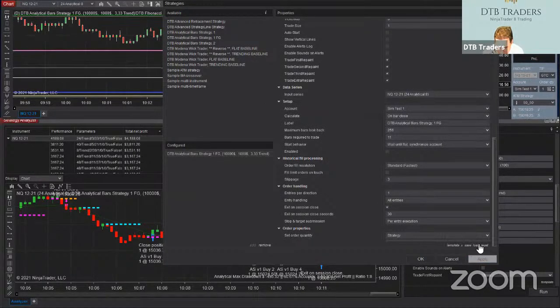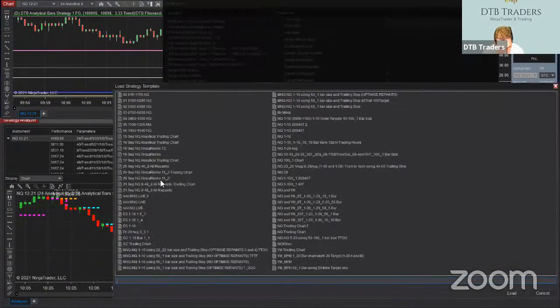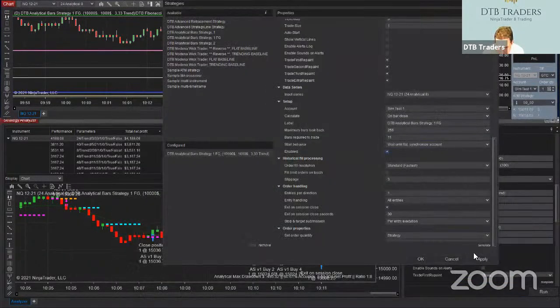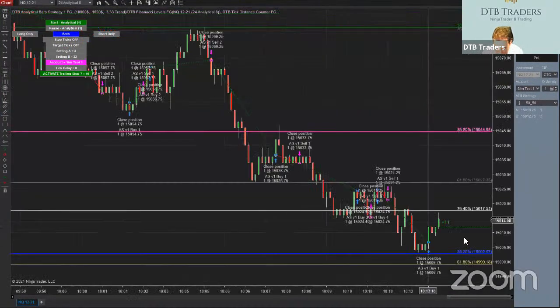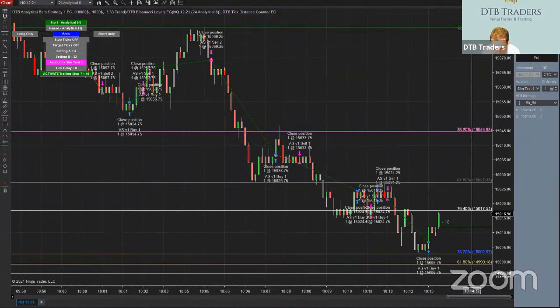Load 21. Enable, apply, okay, and start. Okay, so that's going to act on the next signal that's going to come through on this.